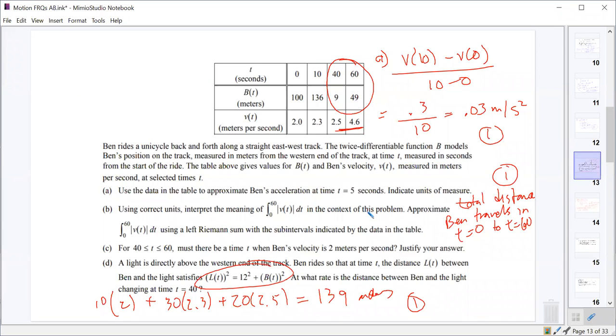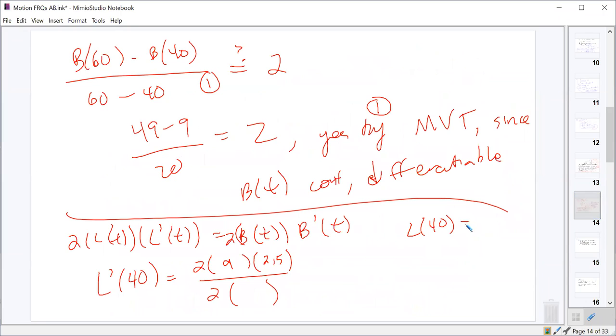Cool. L of 40 ought to be the square root of 144 plus 81. And 144 plus 81 is 225. So that ought to be 15. So we'll put 15 down here, cancel out our 2's. And let's see, what do we get here if we divide all that out?